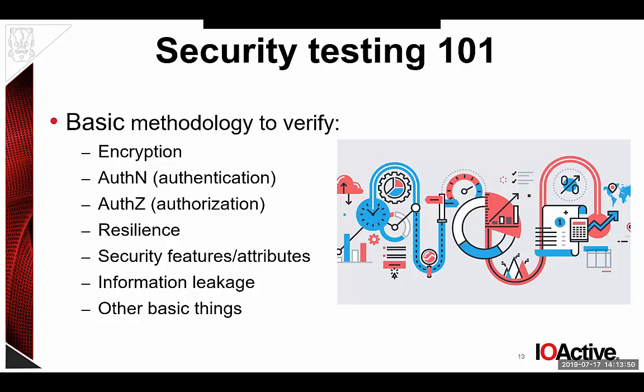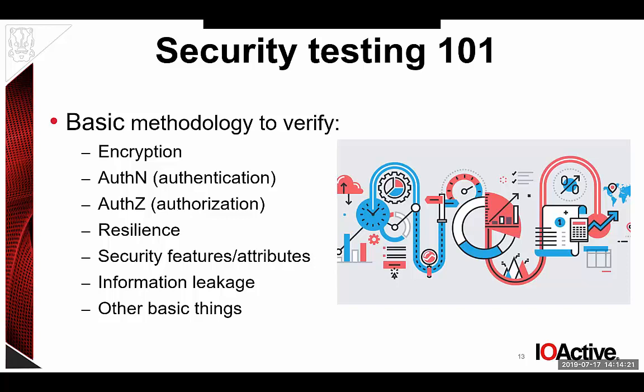And this one helps you to verify encryption, authentication, authorization, resilience, which means basically the ability to recover from adversity, the ability to support denial of service attacks, for instance. Also, with this methodology, you will check security features and attributes that should be in place from the design process and a few other basic things.